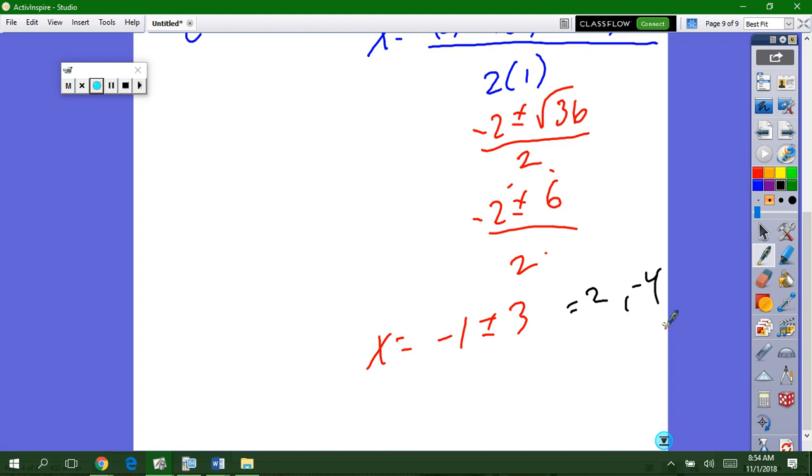Fun times, huh? Now, on your test, there are going to be sections where I say you need to solve by factoring, you need to solve by completing the square, you need to solve by quadratic formula. Then I'm going to give you a section where you can solve by any method you want. What's my first choice every time?